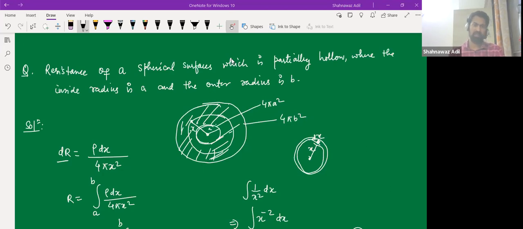This sphere is hollow, and only this portion is sphere.